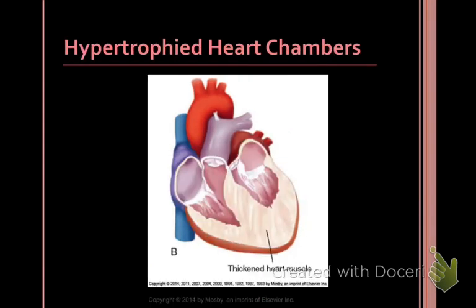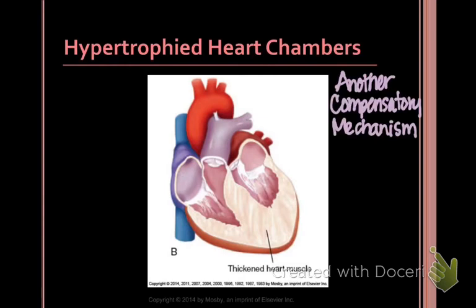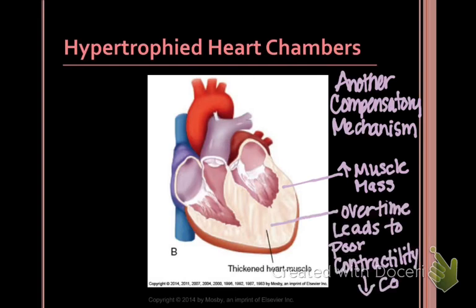And then another compensatory mechanism is your hypertrophy of the heart chambers. You've got an increase in muscle mass. See how big that muscle is? Over time, it leads to poor contractility and decreased cardiac output. You've got a thickened heart muscle.